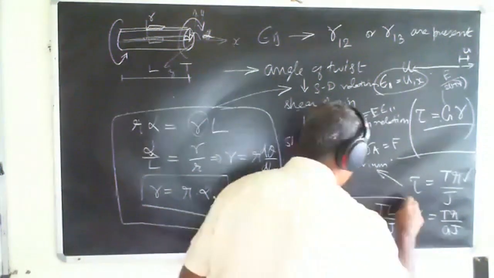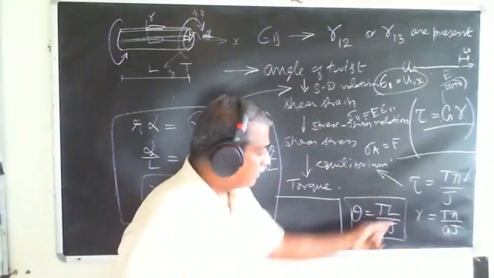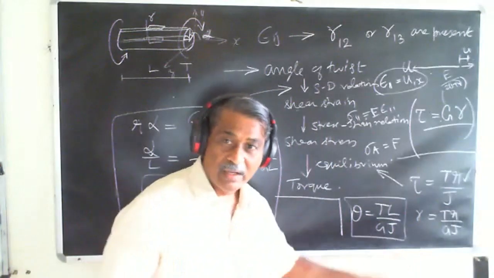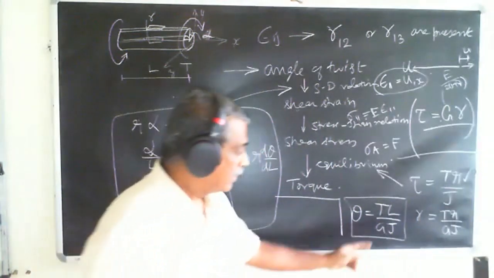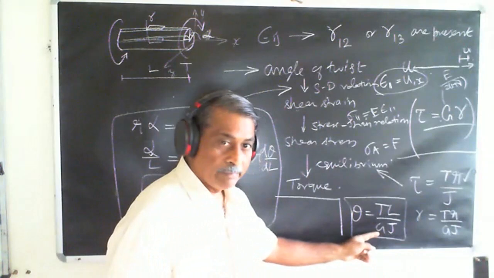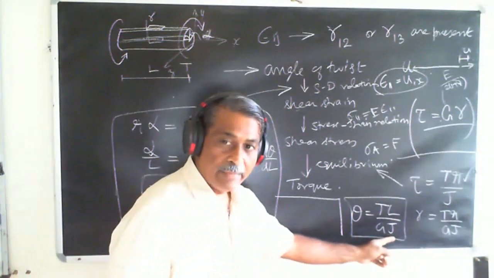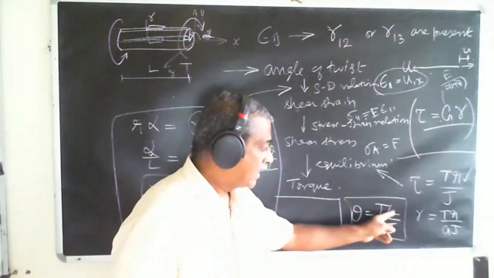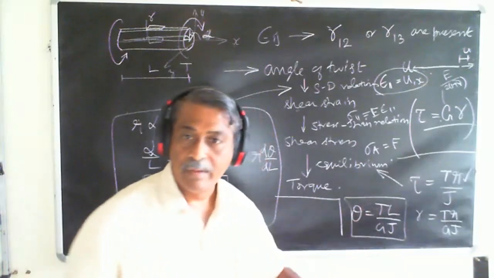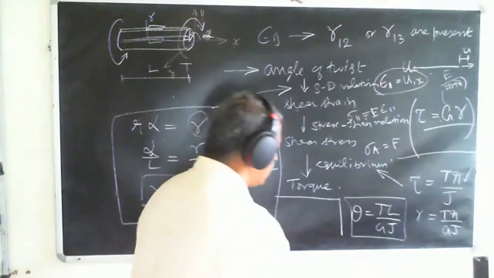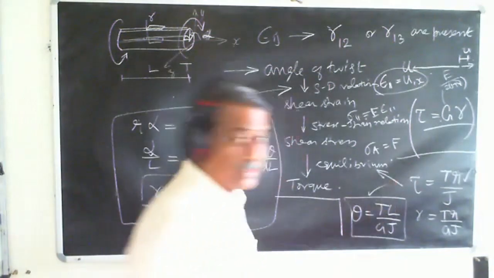Right. We also said TL by GJ is very similar to FL by EA, where we replace E by G and A by J, L remains the same, F by T, so that we can get this relationship.